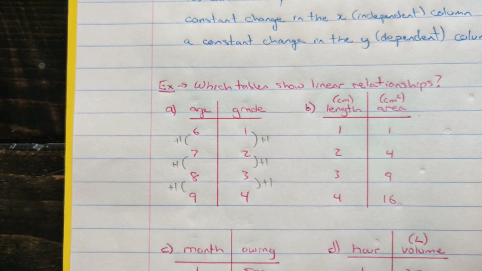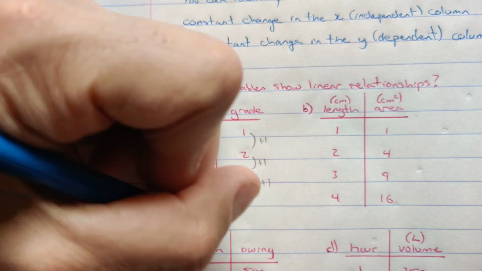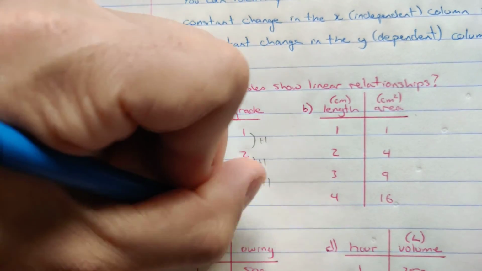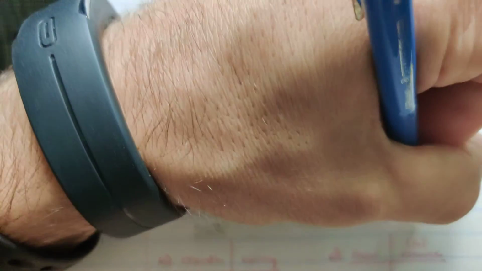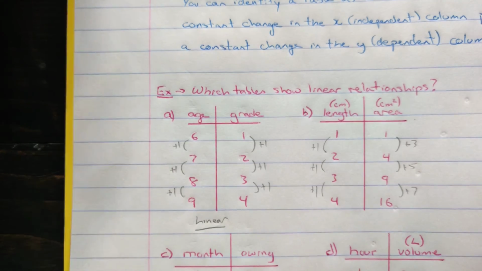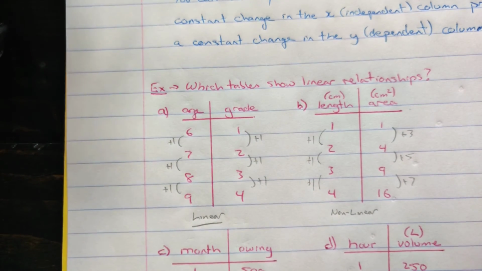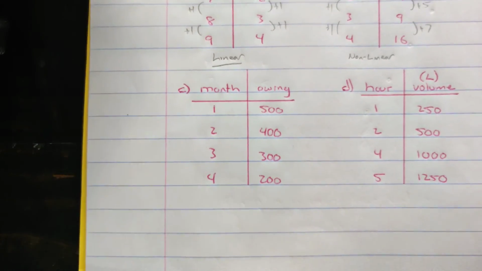Those are constant changes, so this would be a linear relationship. In this case, we see the same thing, plus 1, plus 1, plus 1. But here we see plus 3, plus 5, plus 7. This is not linear. So it's a non-linear relationship.